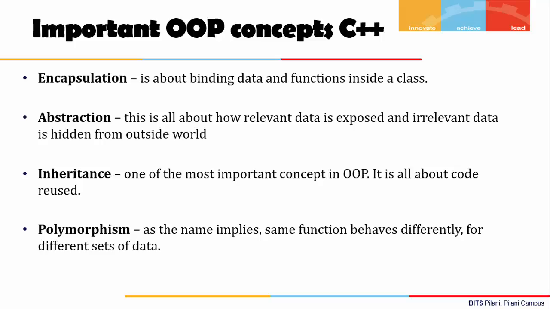Next is polymorphism. The basic idea behind polymorphism is that the compiler doesn't know which function to call at compile time, so it is done at runtime. So these are the important object-oriented programming concepts.